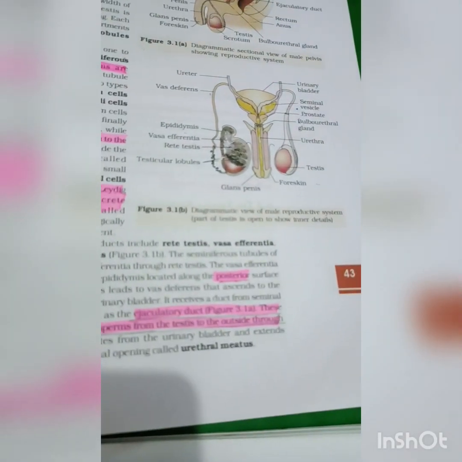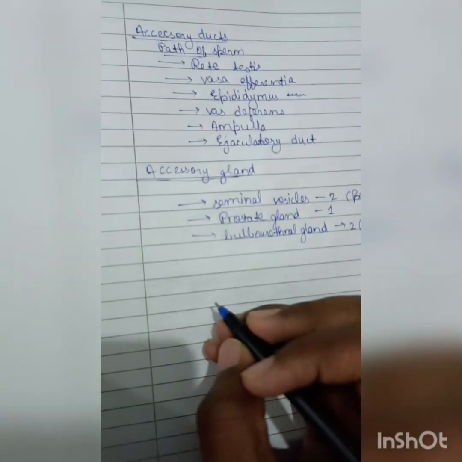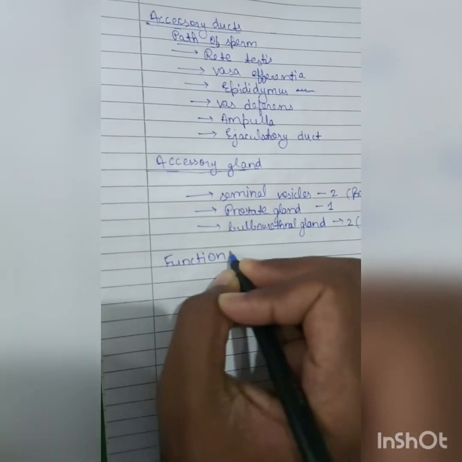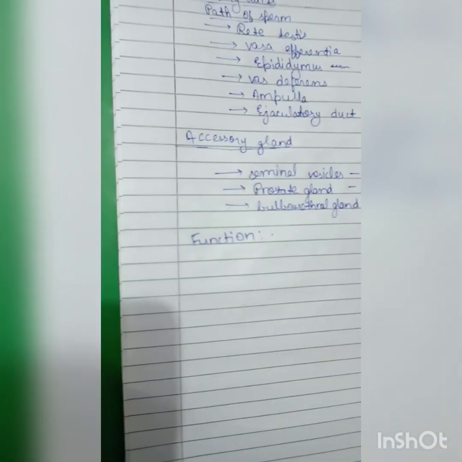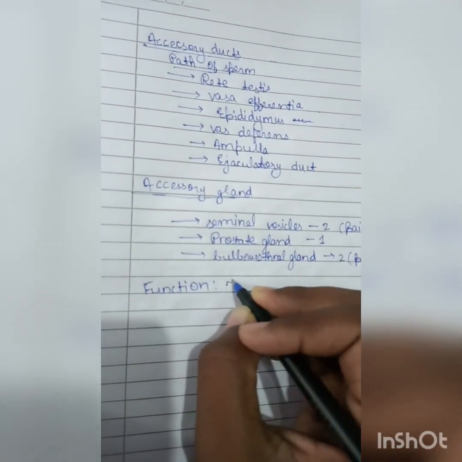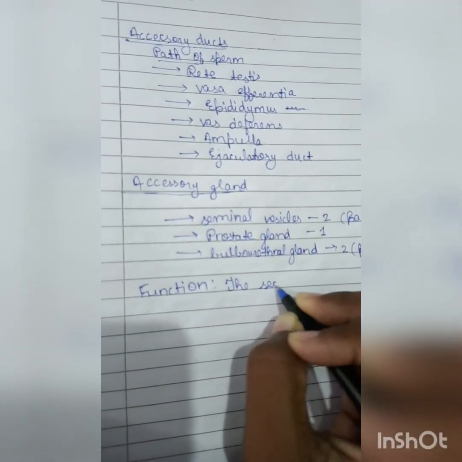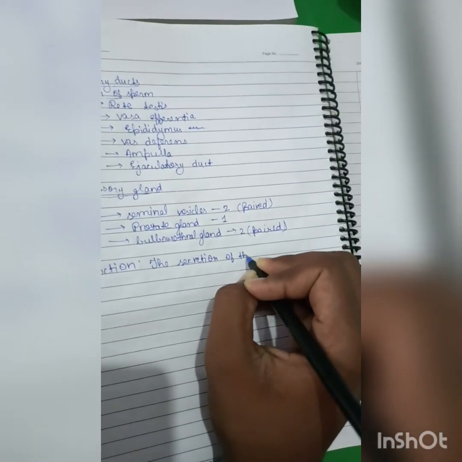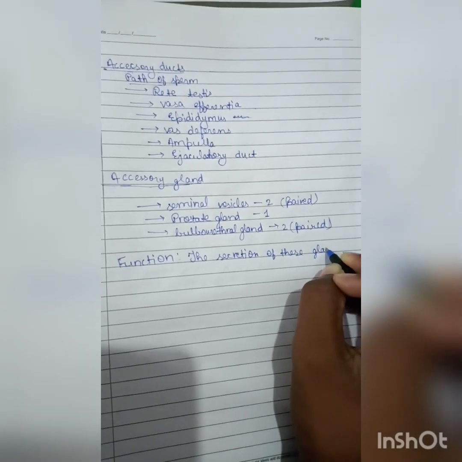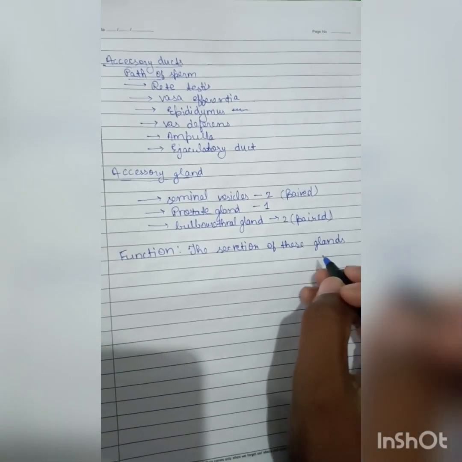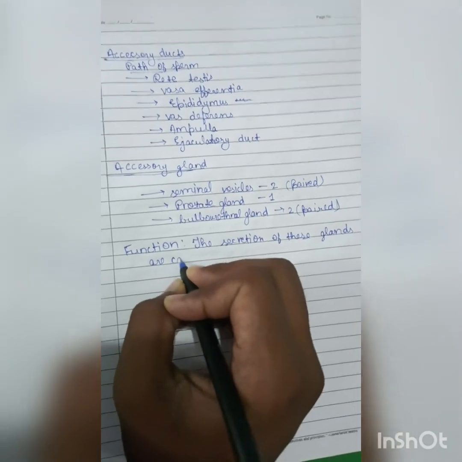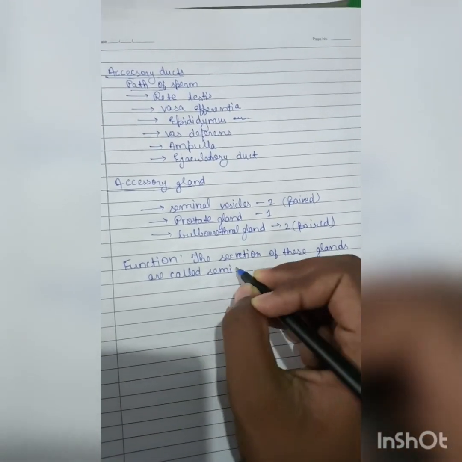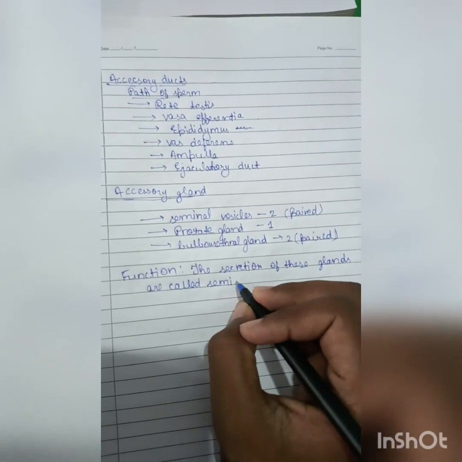Let's write about the functions of the accessory gland. The secretions of these glands are called the seminal plasma, which is rich in fructose, calcium, and some other enzymes.